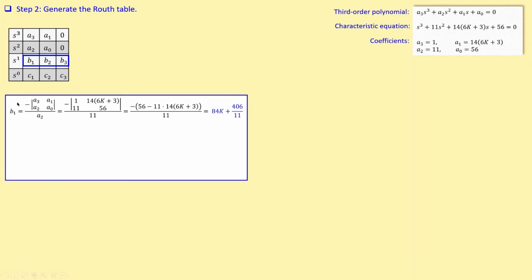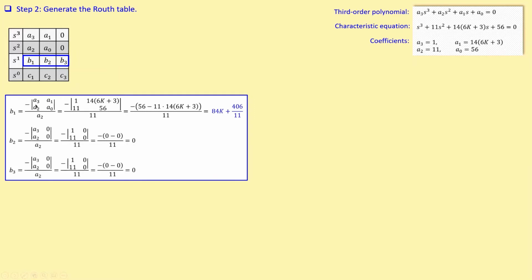So this is the expression for B1. Again, you make a matrix of these 4 elements, you determine the determinant of that one, you put a minus sign, and you divide by the A2, which is on top of the B1. Now you do the math. You substitute the values of the coefficients here, and you get this expression. That's nice. Now for B2 in a similar form, you get a 0, and for B3 you get a 0.